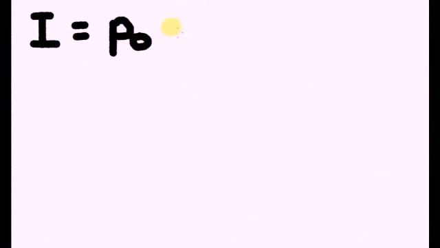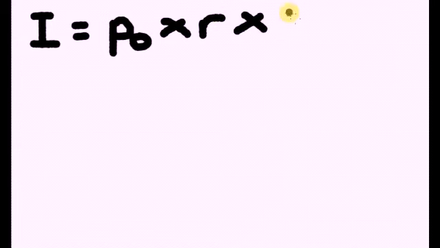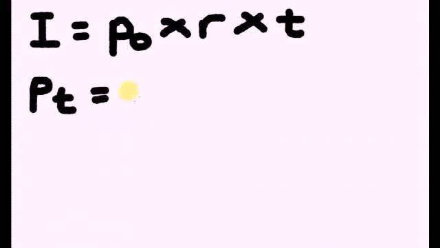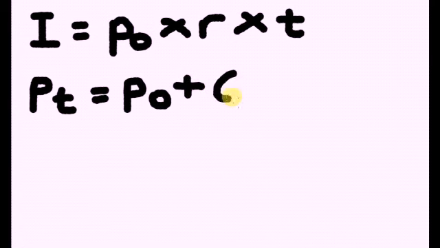The formula used to calculate simple interest is: simple interest equals principal multiplied by the rate of interest multiplied by time. And the formula used to calculate the total value of savings is: total value of savings equals the principal plus the simple interest formula.